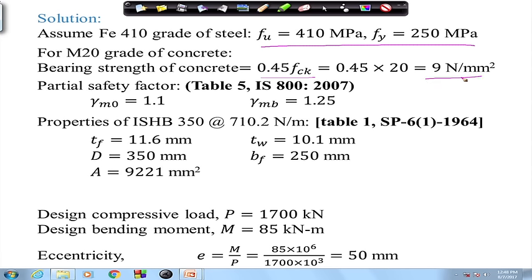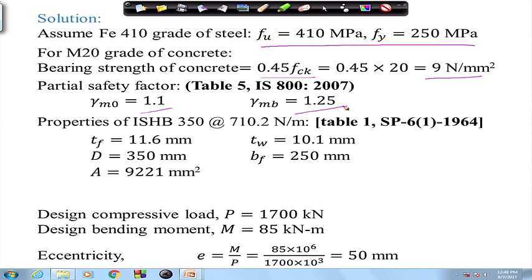Also the partial safety factor is 1.1 for gamma m0 and 1.25 for gamma mb, as we are using bolts. Here we will use a bolt connection to demonstrate how the number of bolts is decided.